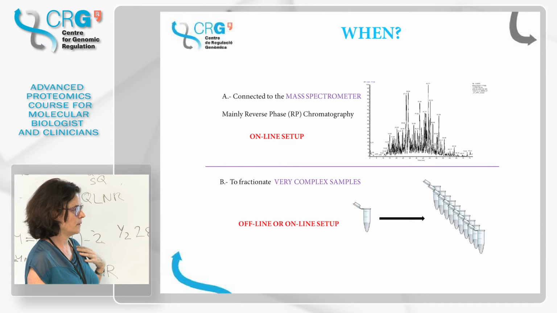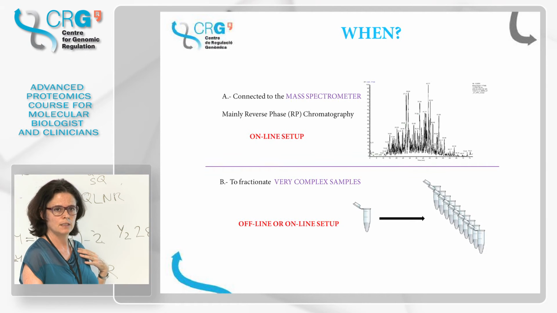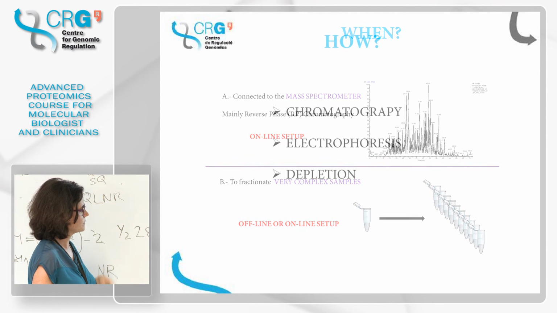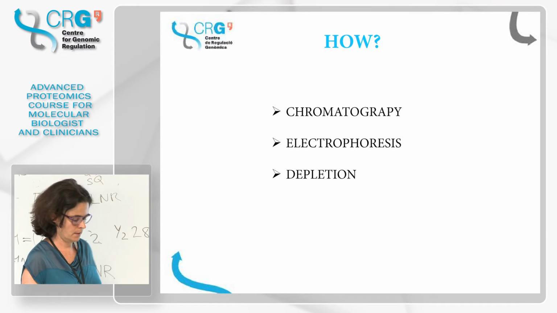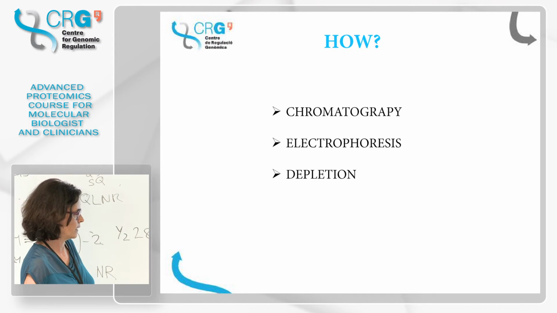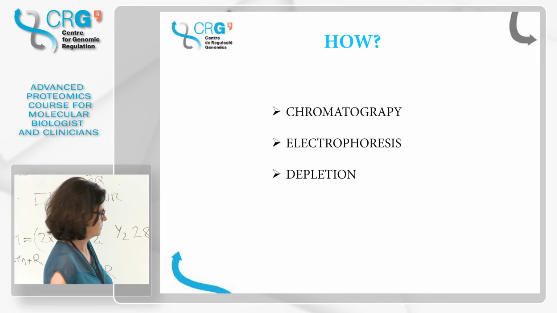We have one sample, and we generate different fractions, and each of these fractions is then injected into the online setup. And how do we fractionate? We can fractionate by chromatography, by electrophoresis, or we can also do a depletion.